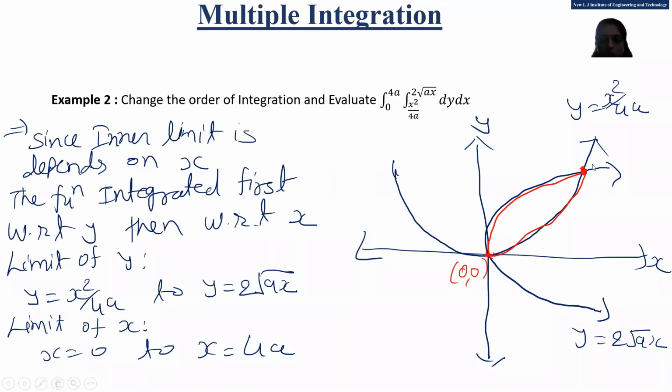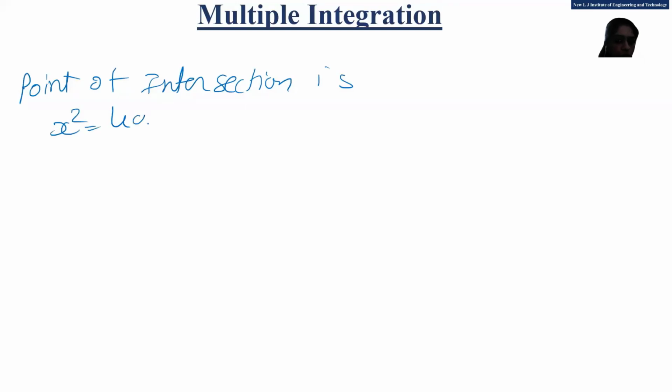So let's take here the points of intersection. Here x square is equal to 4ay and y square is equal to 4ax.